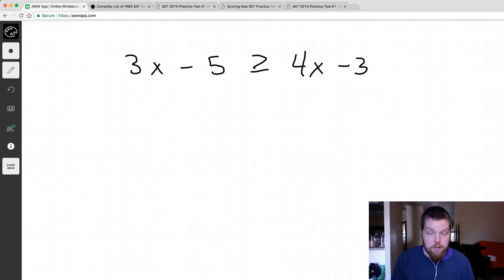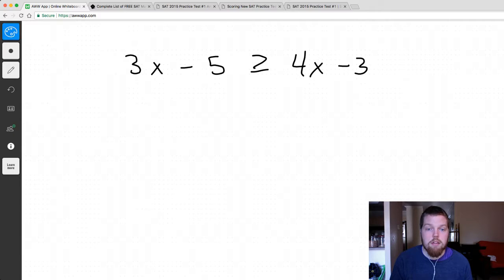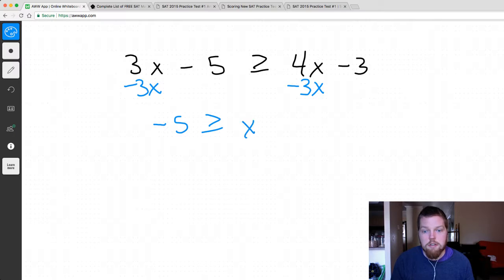Okay, with an inequality, you want to keep the x positive, because if you have a negative coefficient attached to your x, you're going to have to flip the inequality symbol, and that's making things more complicated than they need to be. So let's avoid that by subtracting 3x from both sides. That'll cancel out over there, so we'll have negative 5 is greater than or equal to x minus 3.